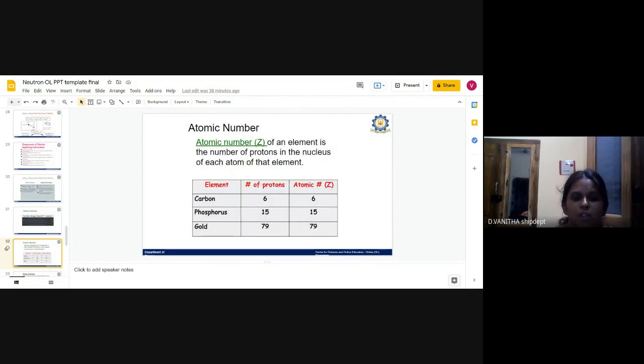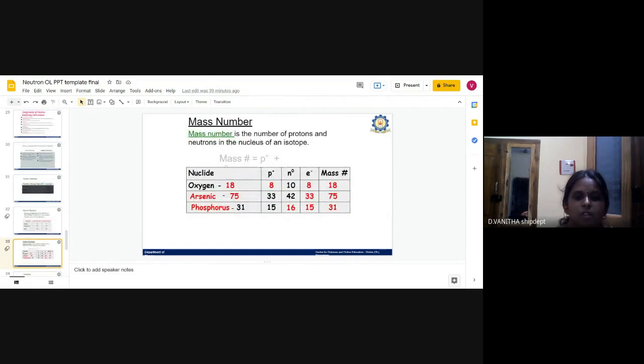The atomic number is the number of protons, and the number of electrons is the same, equal to the atomic number. The mass number is the number of protons plus the number of neutrons. So for different atoms, the proton number, neutron number and electron number have to be calculated.